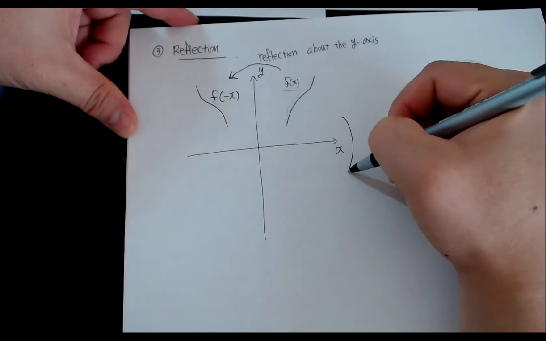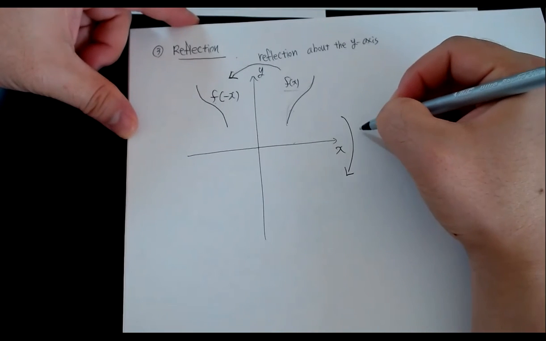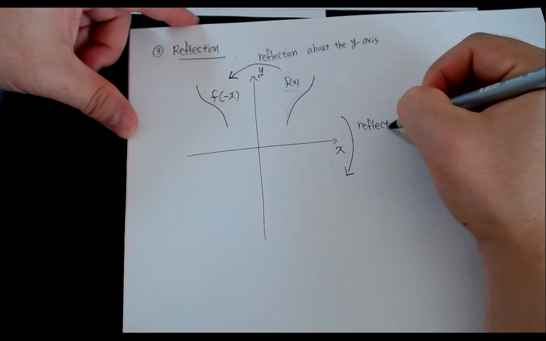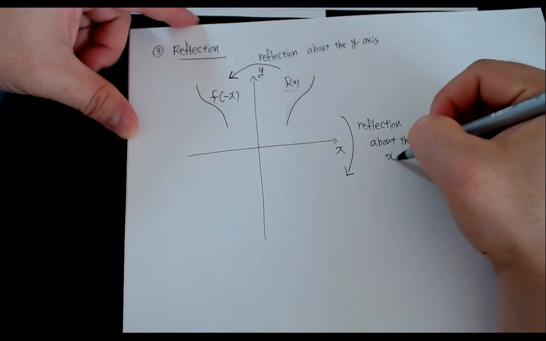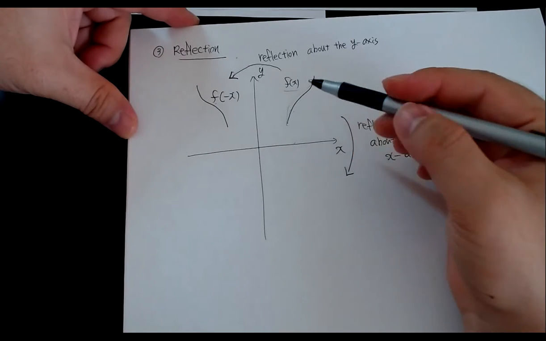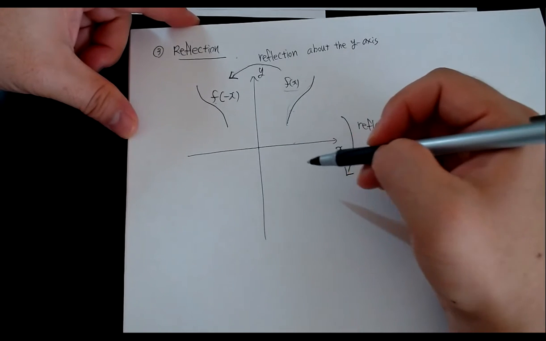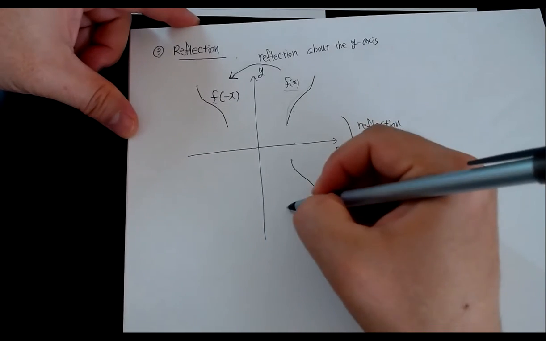And then the other one is a reflection about the x-axis. Reflecting the graph of f of x about the x-axis, we got this, right? So this is the graph of negative f of x.